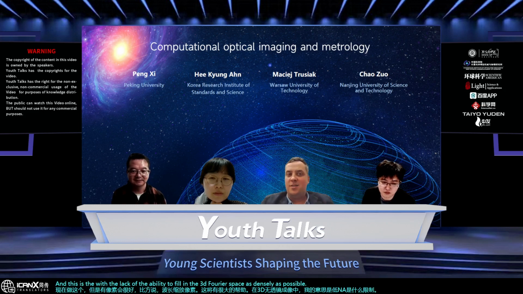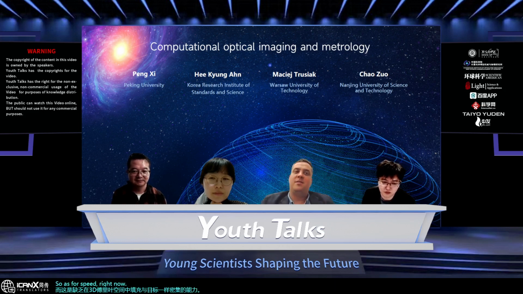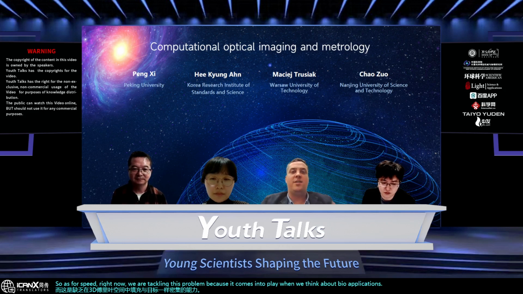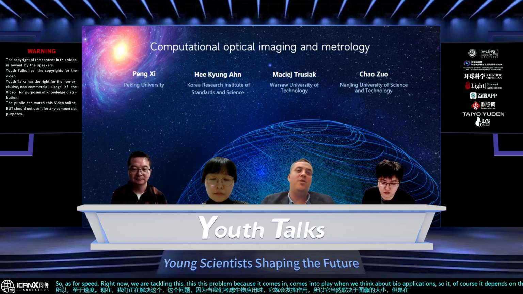As for speed, right now we are tackling this problem because it comes into play when we think about bio applications. Of course it depends on the size of the image, but in principle, if we have a single hologram to be reconstructed, we need to propagate.